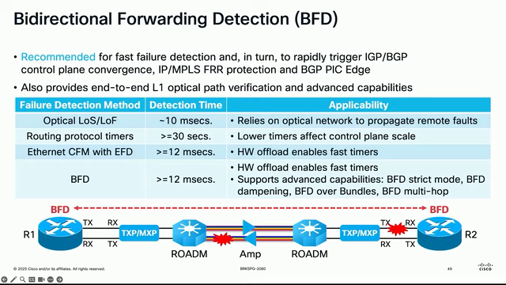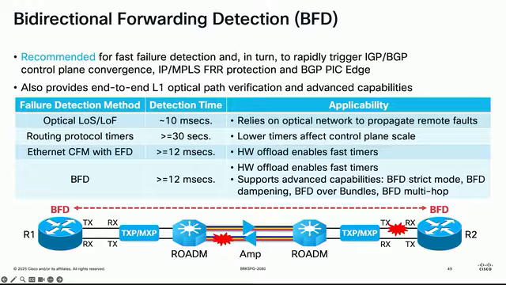Obviously, there are other failure detection mechanisms available. For example, if you have an optical circuit, you get LOS when there is a failure on that circuit. However, depending on that circuit and the path it is going through, it is not guaranteed that the router would always receive LOS.